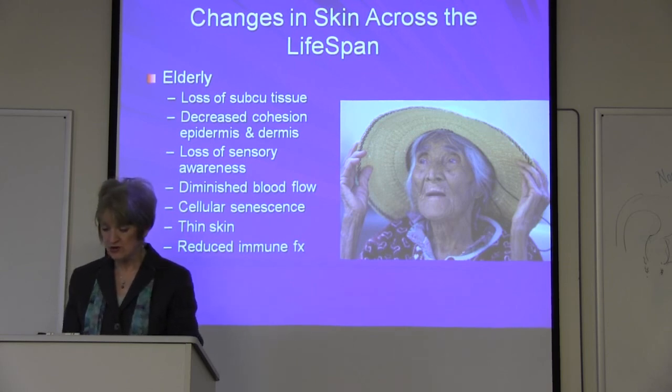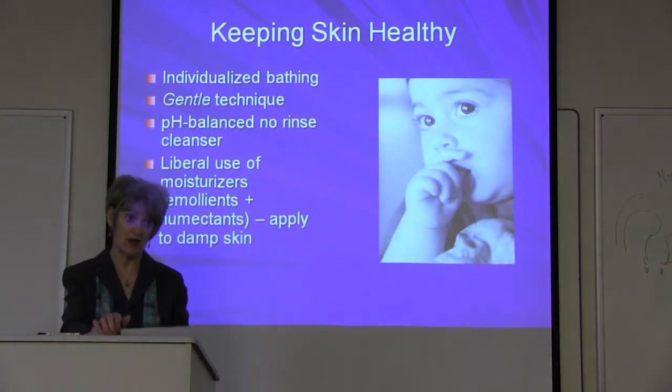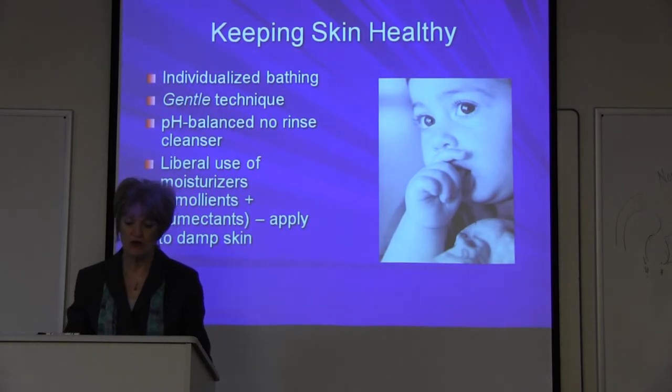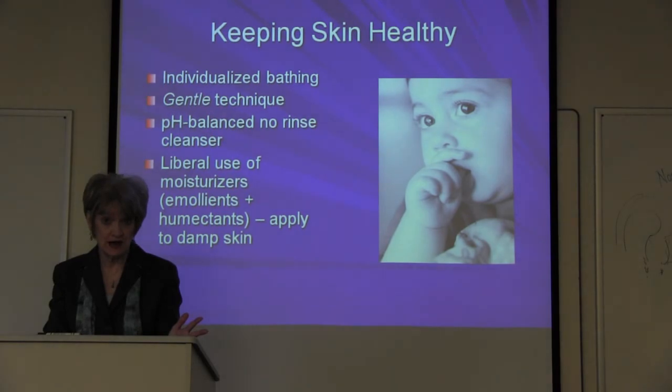Okay, so the last thing I want to do in this little section is talk about measures to keep the skin healthy. And then we'll give you a break before we move forward. So what are the things we can do to keep the skin as resistant, as resilient as possible? Well, we want to look at our routine skincare protocols and practices and products. We should not be using bar soaps in general.